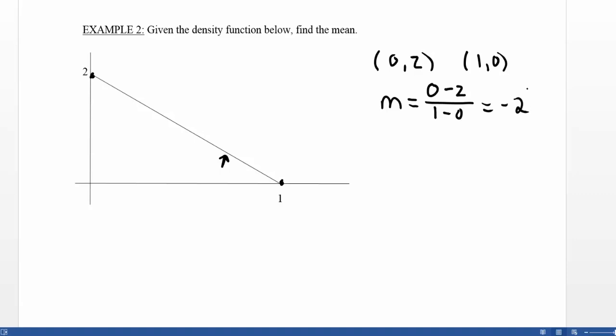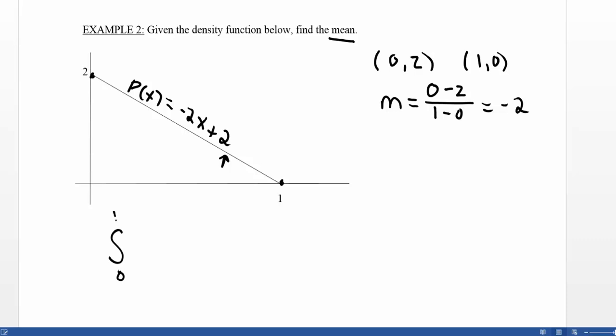I know my b-intercept is where my line crosses the vertical axis, so that happens at 2. That gives me a density function of negative 2x plus 2. Now that I have my density function, if I want to find the mean, the average value of all the weighted possibilities here, I need to integrate my function over the bounds.